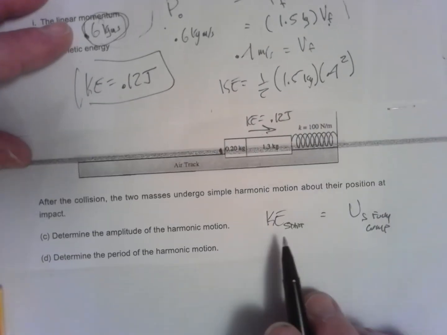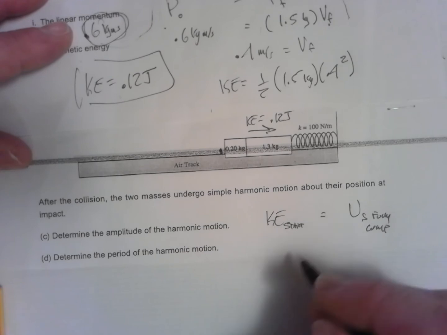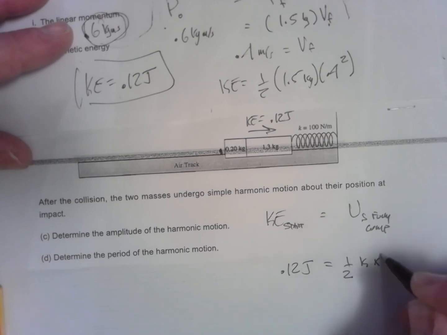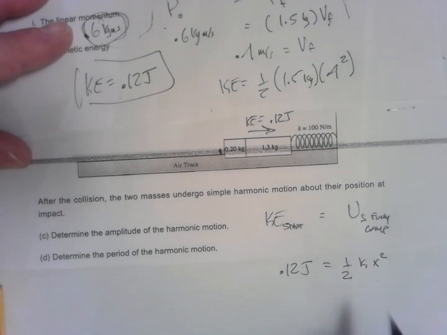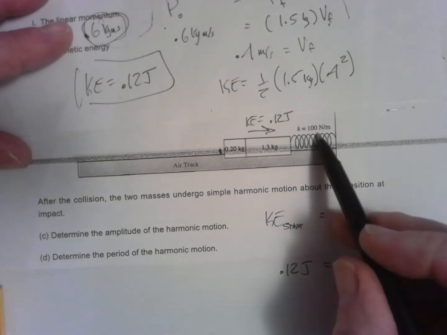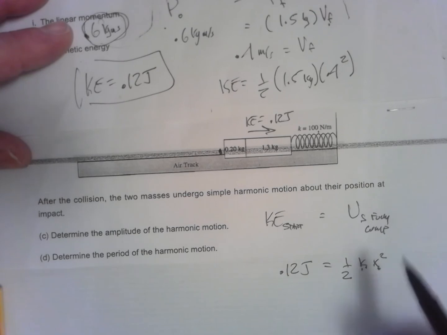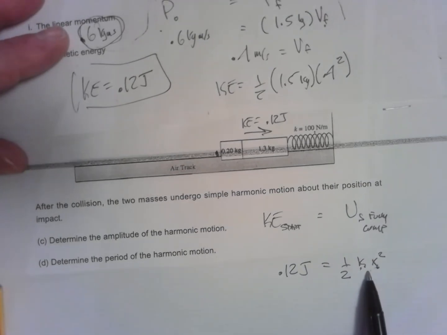That kinetic energy at the start is the 0.12 joules that we found a minute ago. The spring energy is 1/2 k x squared. Oh, wait a second, k they give me. It's 100. The only thing I'm missing is x. Once I solve for x, this is the fully compressed version, so this x will be the amplitude.